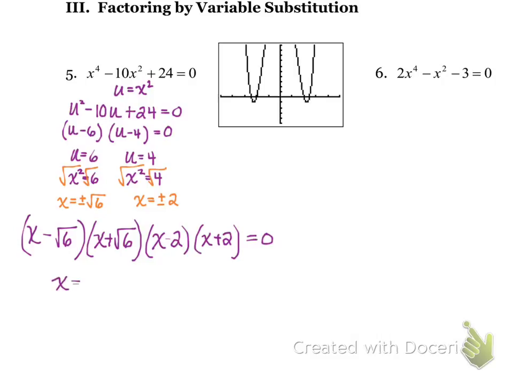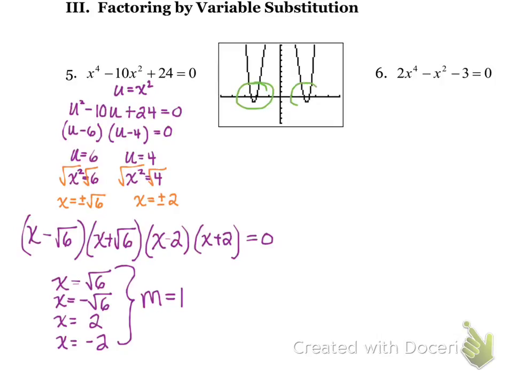So those zeros are root 6, negative root 6, 2, and negative 2. And again, they all have a multiplicity of 1. If you look at the graph, you see that we have those 4 zeros just like we just saw.